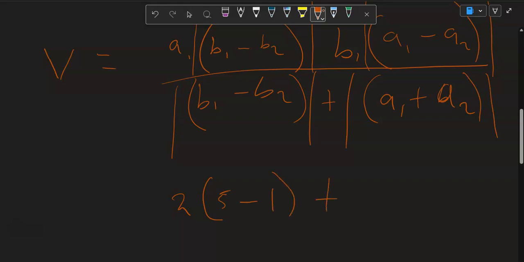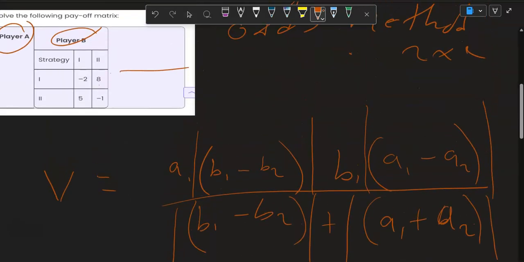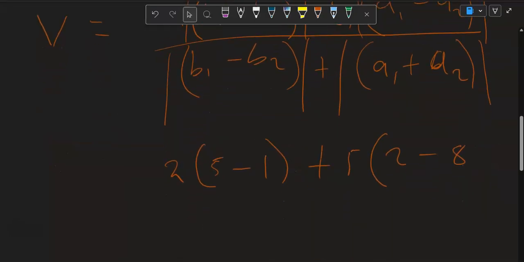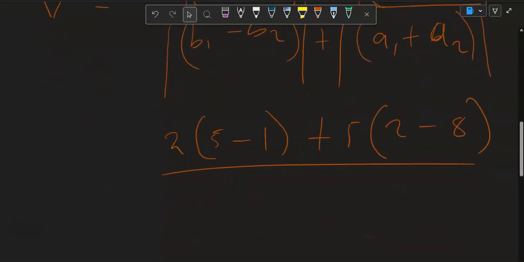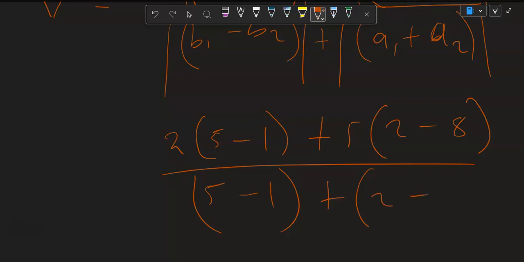Plus B1 is 5, open brackets, our A1 is 2 minus A2, which is 8. That is our numerator. Then we go down. On our denominator, we have B1, which was 5, minus B2, which was 1, plus we have A1, which is 2, and 8 as A2.